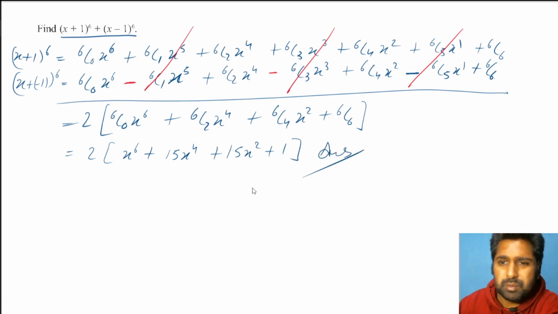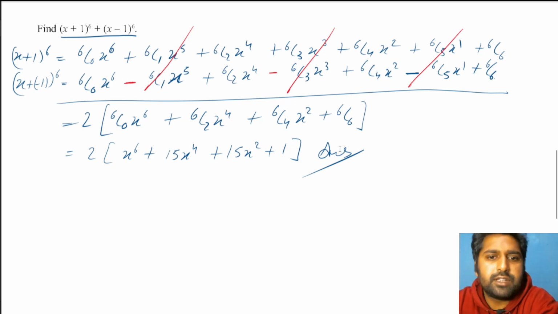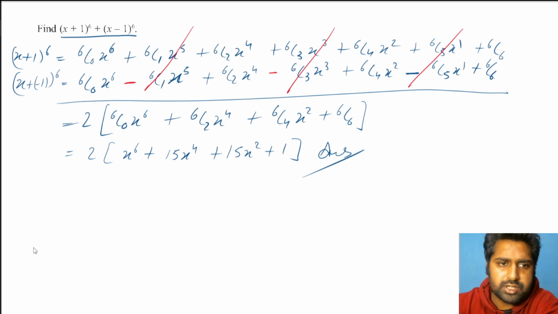Write less, think more. In MCQs specifically, try to write as little as possible and try to think, because if you keep writing each step properly, you'll never be able to finish the exam.